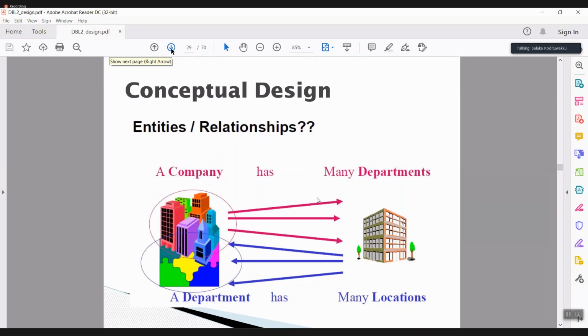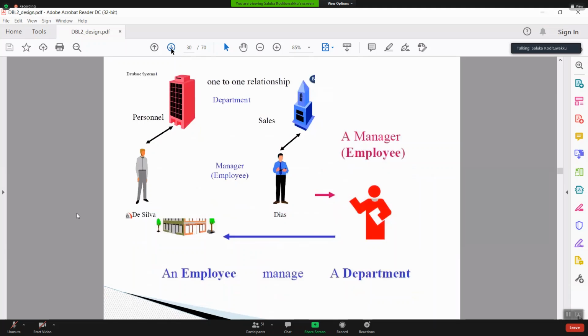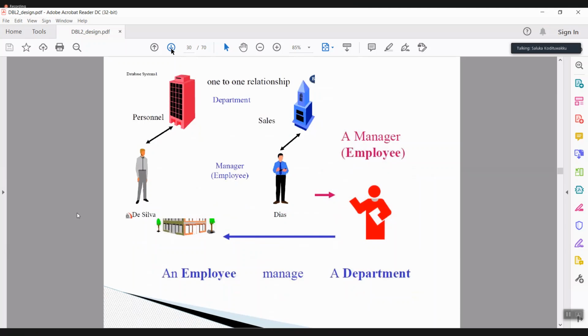That is true in both directions, as I mentioned with the Vice Chancellor and the university. One Vice Chancellor is associated with only one university, and one instance of the university is associated with at most one Vice Chancellor. That is why we call it one-to-one.